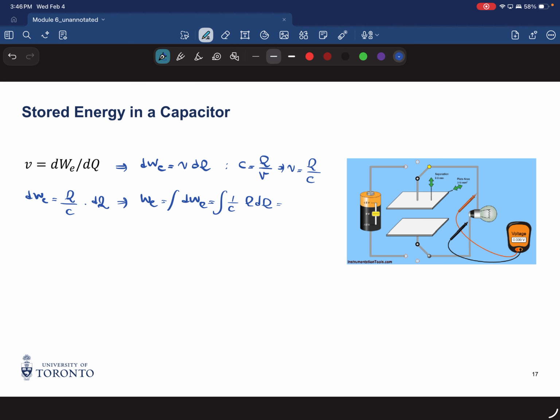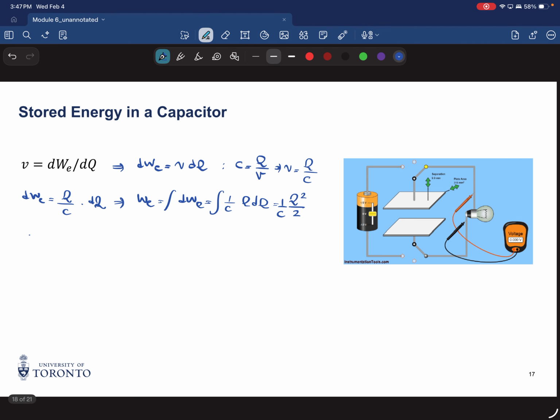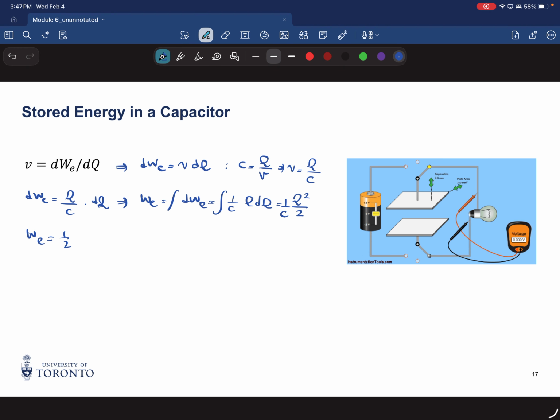If you're integrating over Q, what is that going to be? Okay, Q squared over 2, times 1 over C, right? So WE is 1 over 2 Q squared over C, or 1 over 2 Q times Q over C, which was V, so Q V. Or you can show it's C V squared. All of these are equivalent.